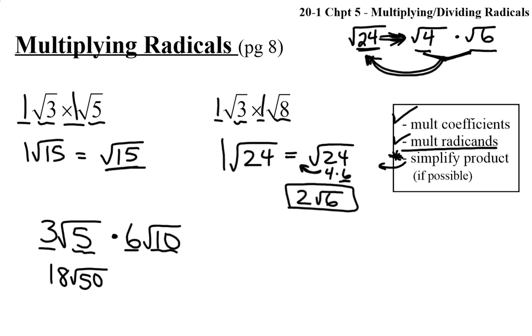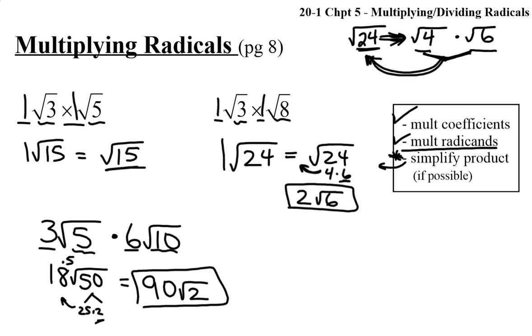So after the multiplying, our new product is 18 root 50. Yes, that is the correct product. It's not in the best form because our 50 could be broken into 25 times 2. The 25 could be rooted out and it would become a 5. So 18 times 5 is 90, and we'd still have the radicand root 2. So 90 root 2 would be our product.